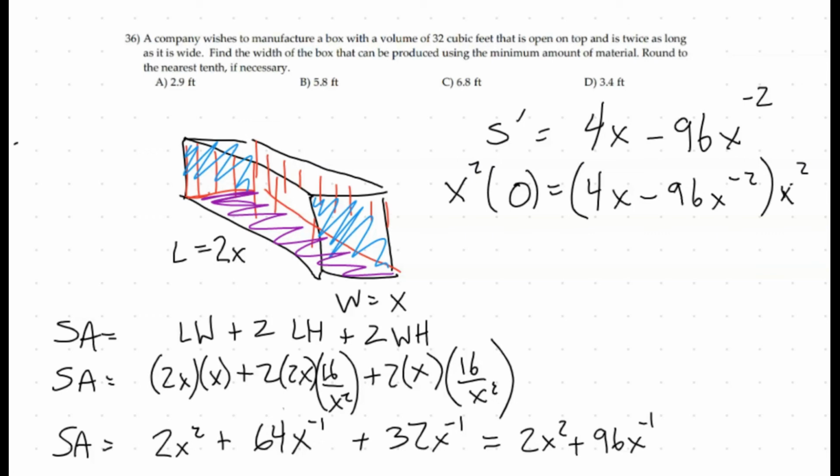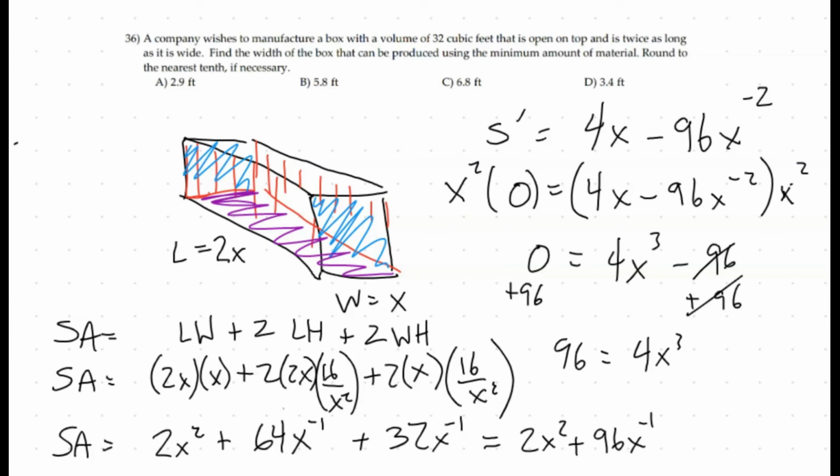And that would give me 4x to the third minus 96. I'll add 96 to both sides. And then divide by 4.